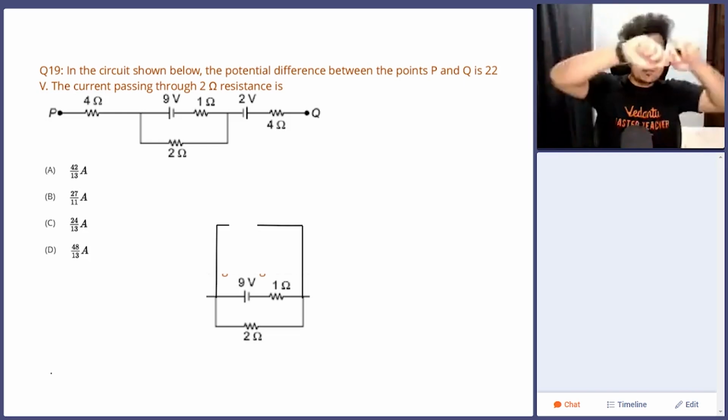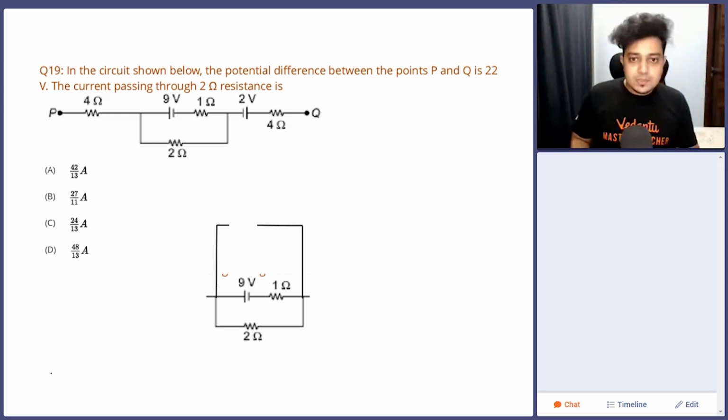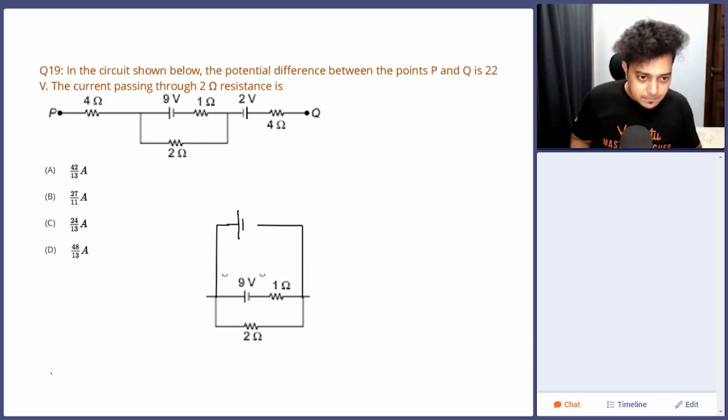If I join P and Q together, there will be a potential difference of 22 volt. This is the P side and the Q side, and this 4 and 4 will be in series combination.